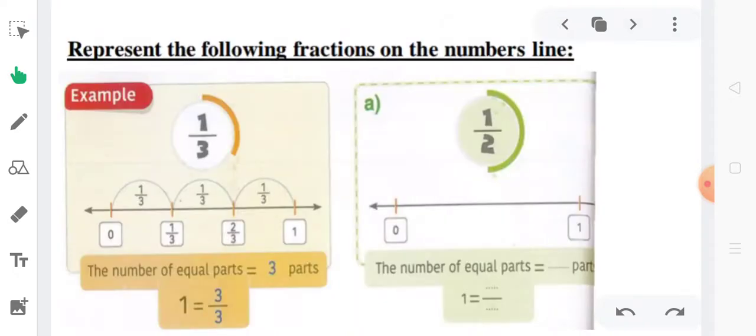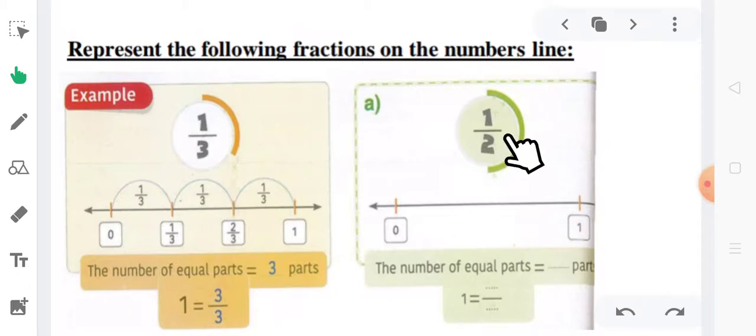For example, represent the following fractions on the number line. In the first, we need to represent a half. Make sure that we have the benchmarks, 0 on the left hand side and 1 on the right hand side. Okay, make 0 and 1 as fractions.